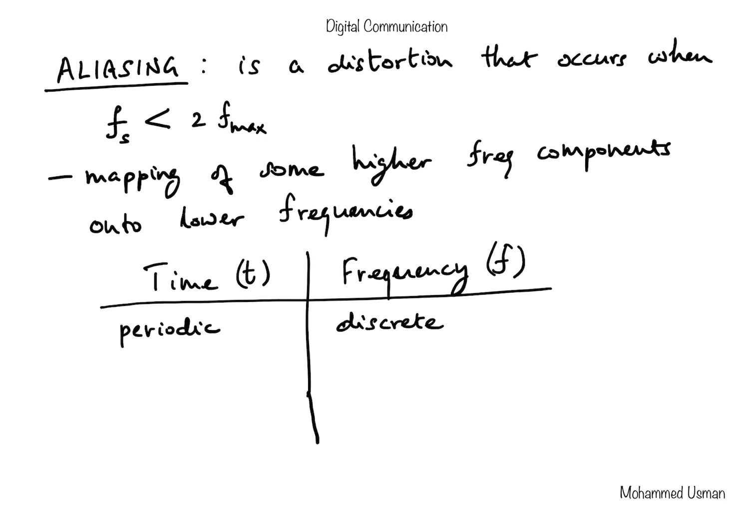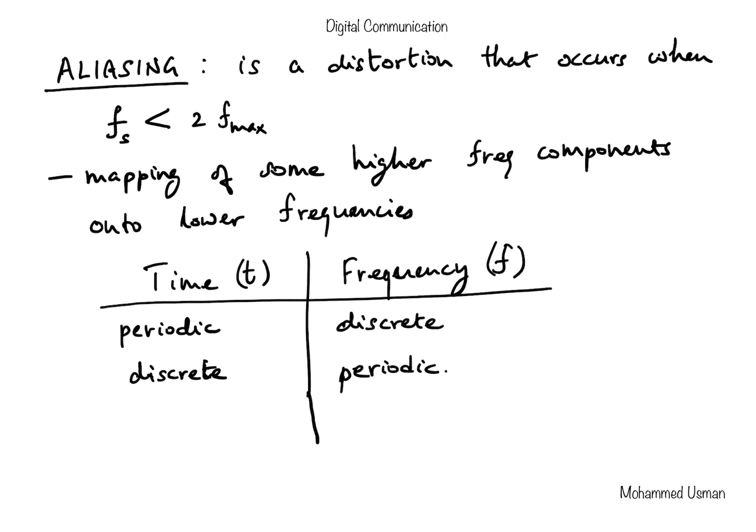And by duality of the Fourier transform, if the signal in the time domain is discrete, then its frequency domain representation becomes periodic.